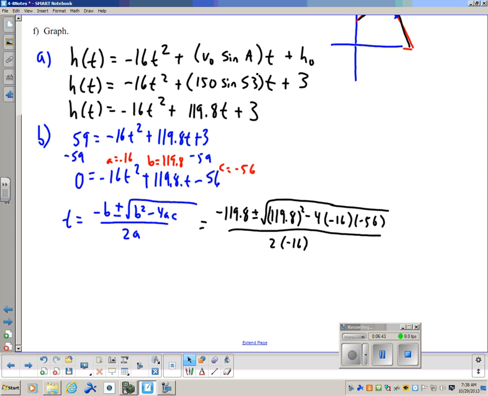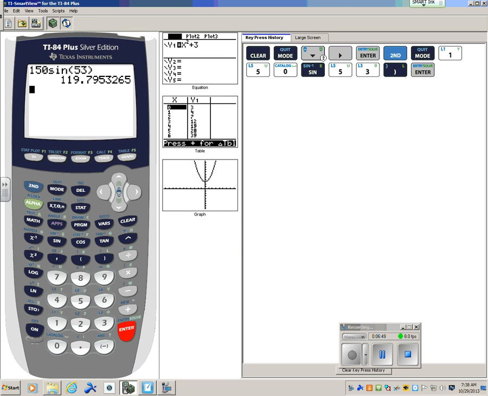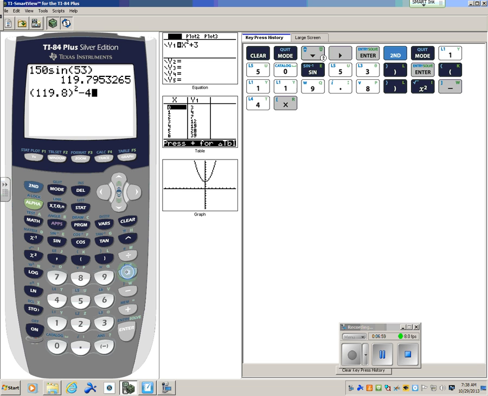So I'm going to plug that 119.8 squared minus 4 times negative 16 times negative 56 into my calculator here. So doing what's underneath the square root, just like we've been doing all along. 4 times a times c, and our c value there is negative 56.